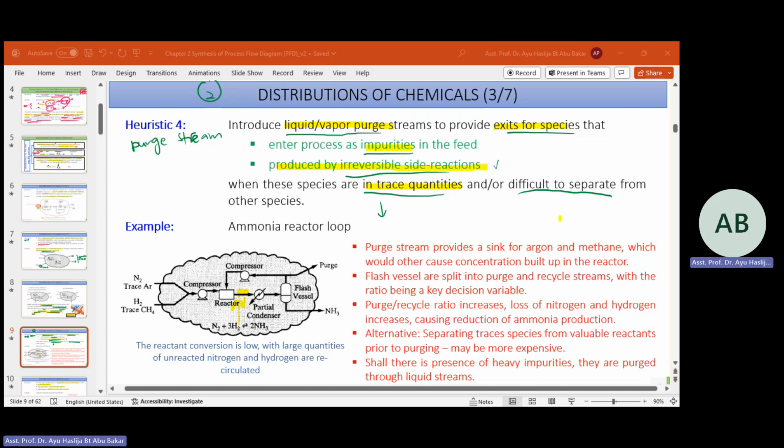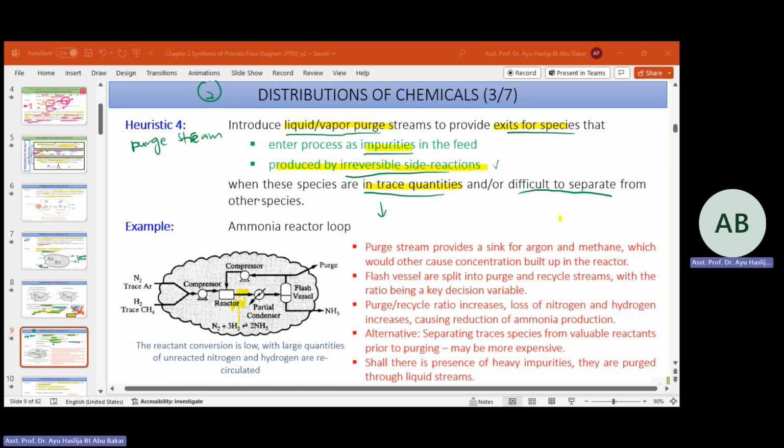Okay, so here the purge gas, last time we discussed, is the CH4, because up here, flare gas. Okay, use flare. So over here, perhaps the CH4 is in trace quantities.